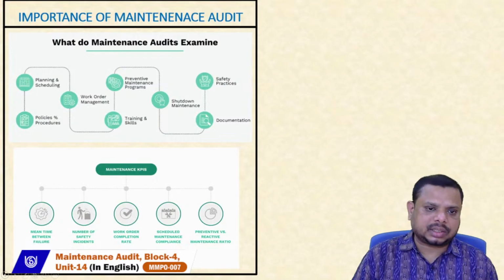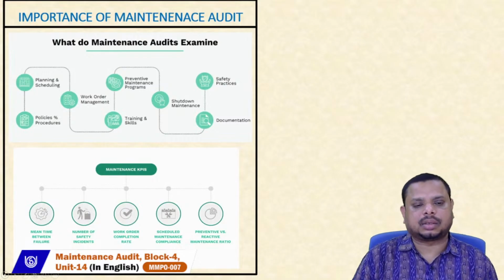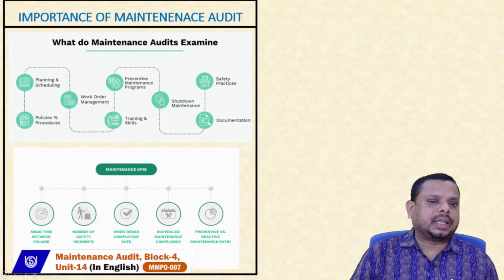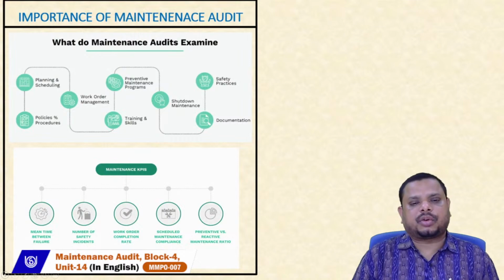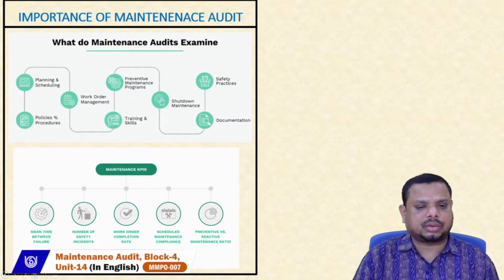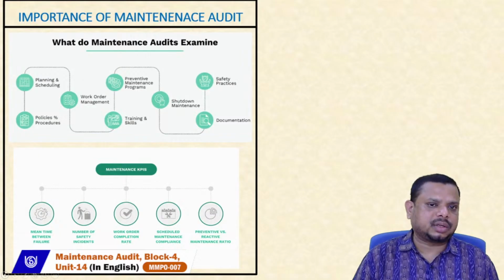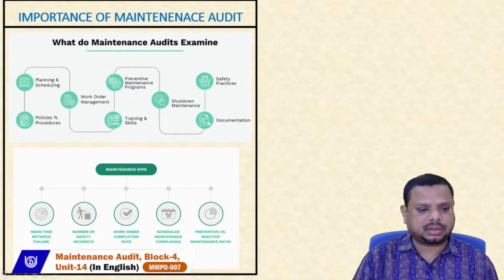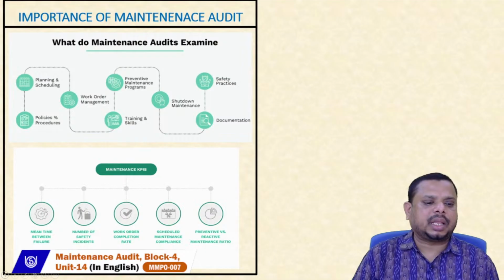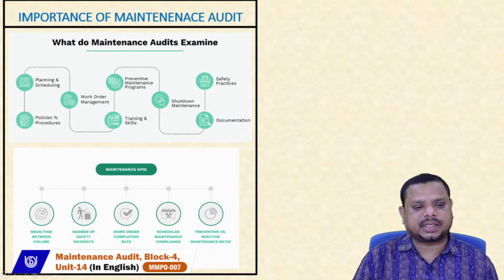After these criteria are evaluated, they also focus upon the key performance indicators of maintenance. So let's understand the key performance indicators of maintenance which are audited during the maintenance audit. The first one is mean time between failure, that means availability of machines and equipment. Then the number of safety incidents they have to analyze.